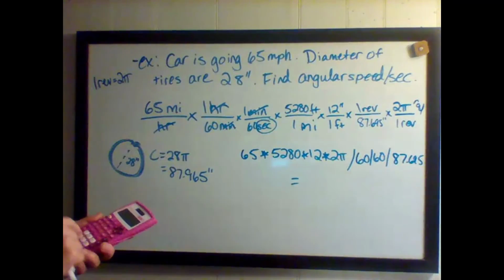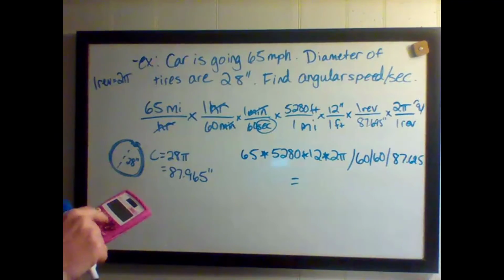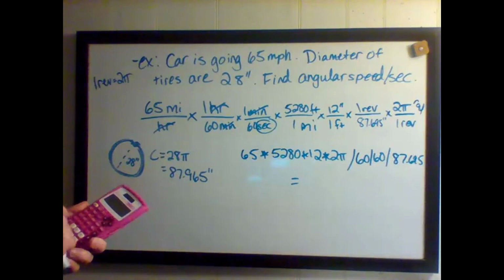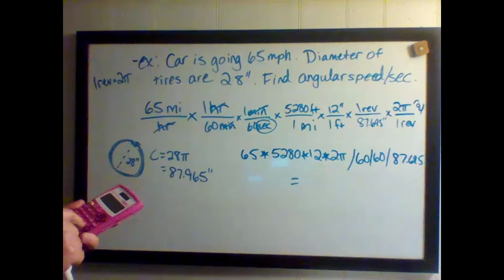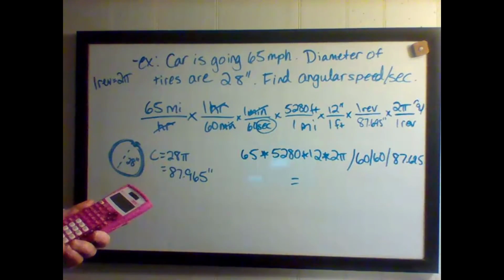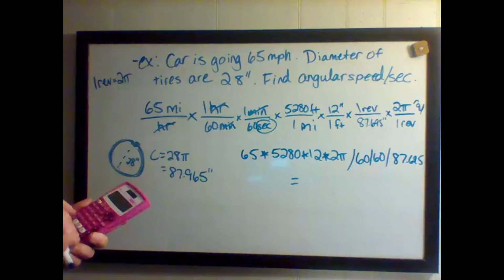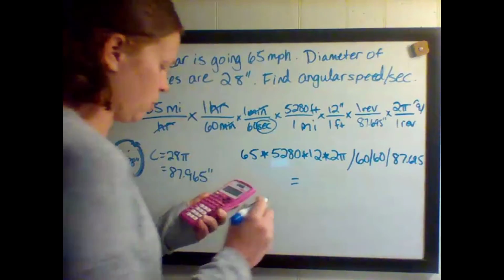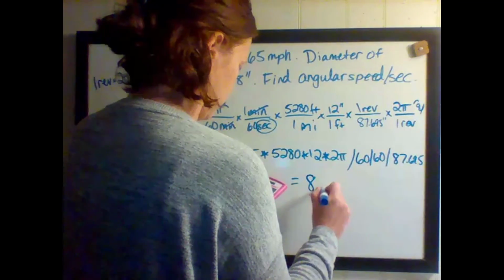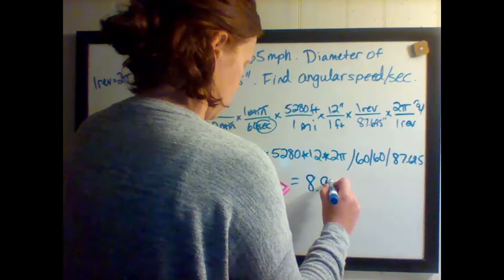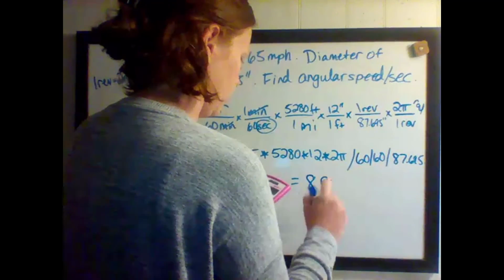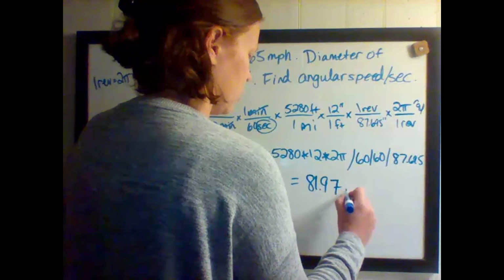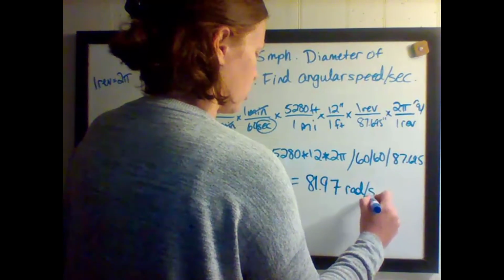I should be getting 81.97. So this is how many radians per second.